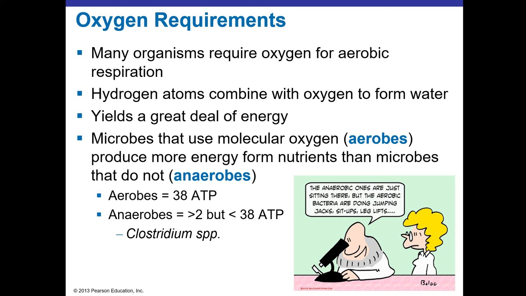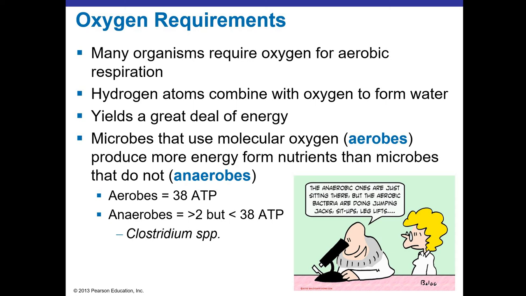However, we didn't talk about it as much, but anaerobic respiration also is going to be a moderate energy yield. So with the anaerobes, we saw that that was always going to be greater than 2, so more ATP than fermentation, but it couldn't give as much ATP as what we saw in aerobic cellular respiration.